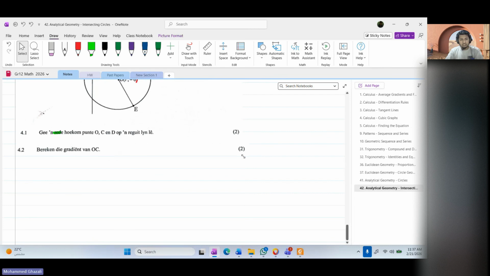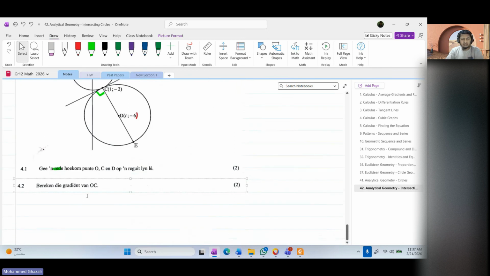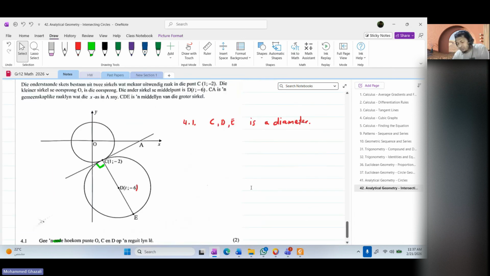The second question they're asking us for is the gradient of OC. We can see the word gradient there. Remember, we have done a problem like this. O is (0, 0) and C is (1, -2). So gradient of OC is (y2 minus y1) over (x2 minus x1), that is (-2 minus 0) divided by (1 minus 0). So it's just -2.